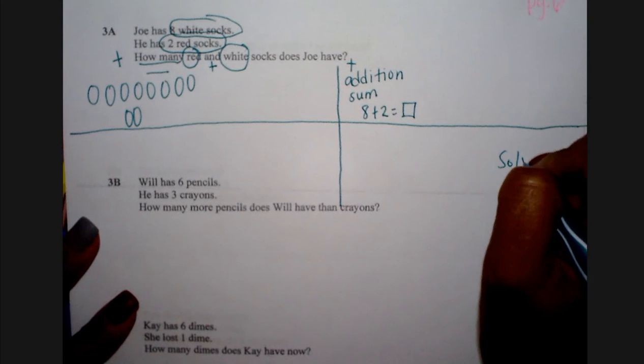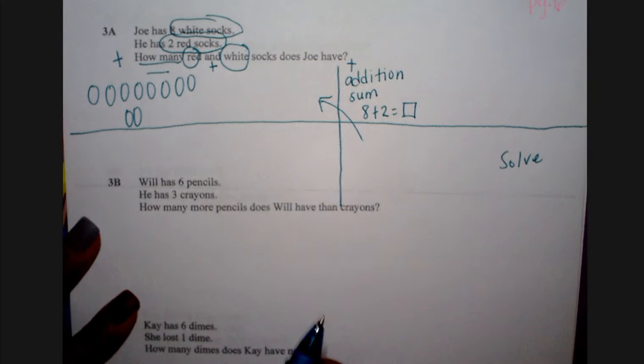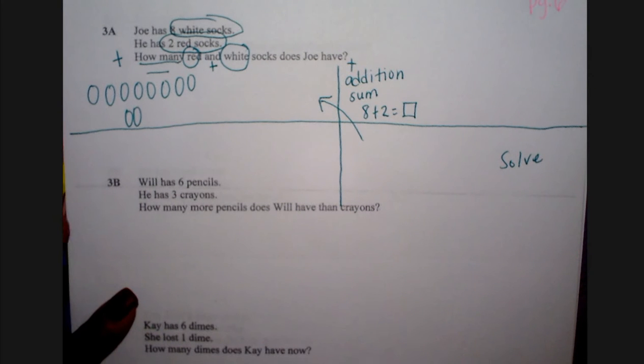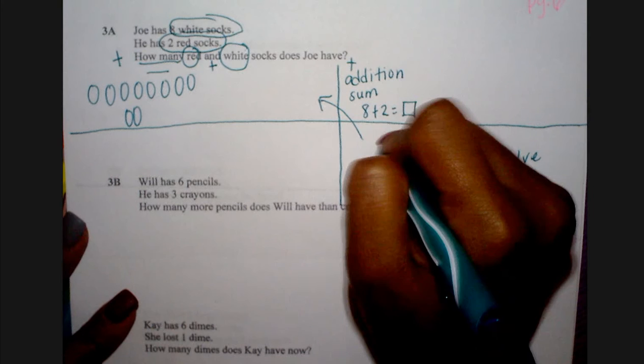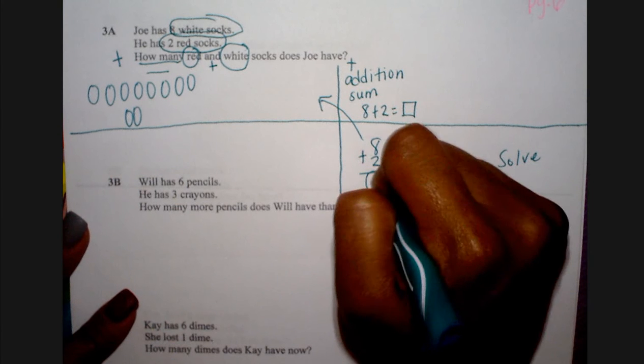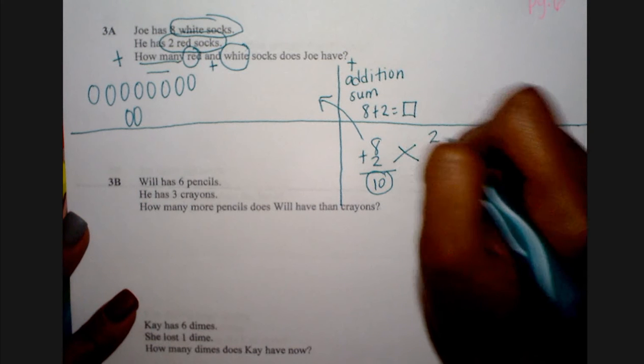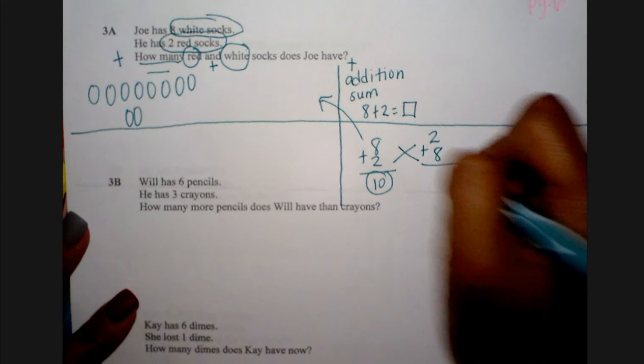This is the area where we solve, and we always compare it to our picture to make sure that they match up. If they don't, something's wrong. So 8 plus 2 equals 10. In addition, we do the inverse, so 2 plus 8 equals 10.